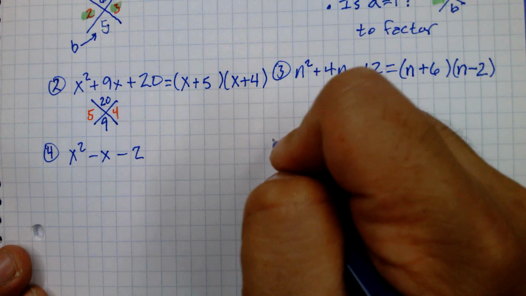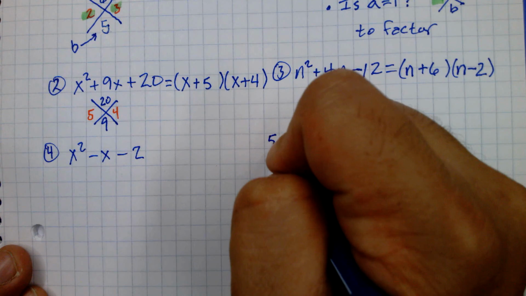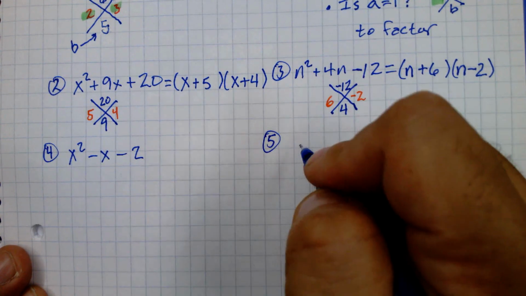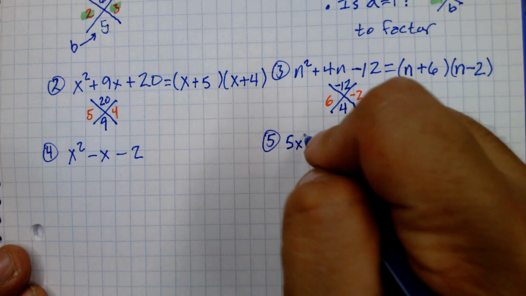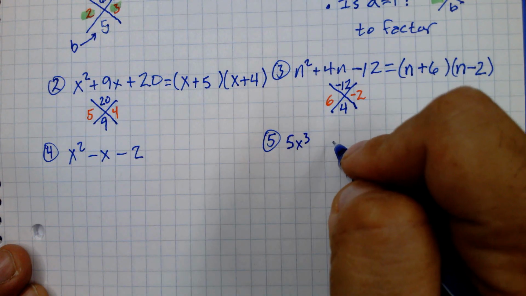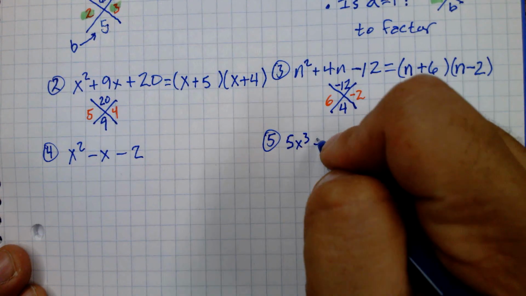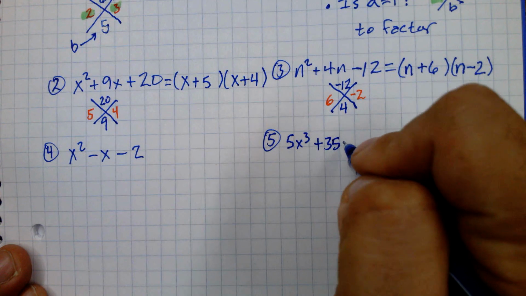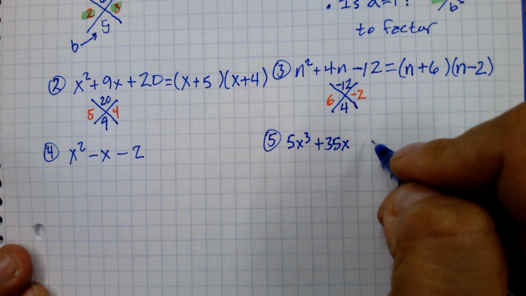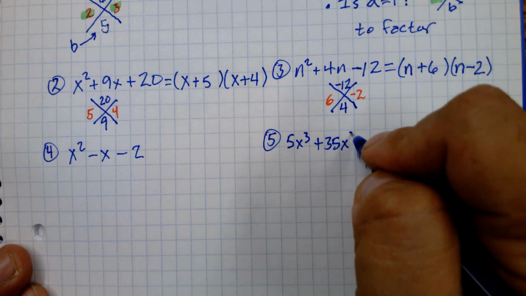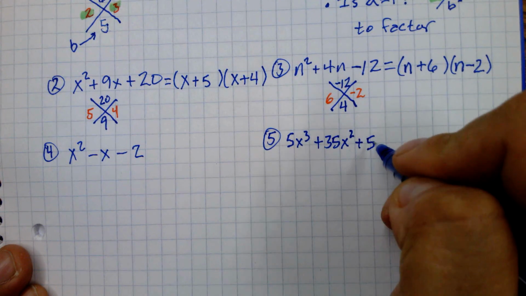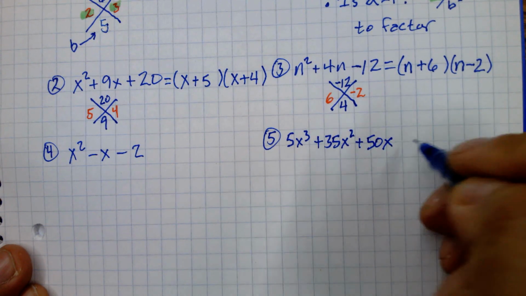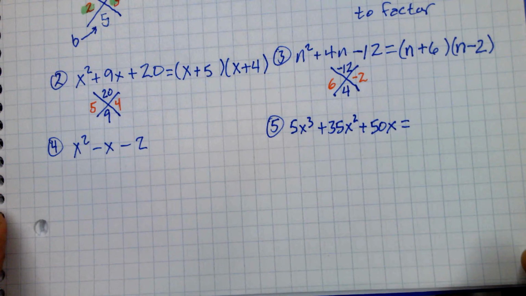And number 5, we're going to do 5x cubed plus 35x squared, sorry, plus 50x. Okay.